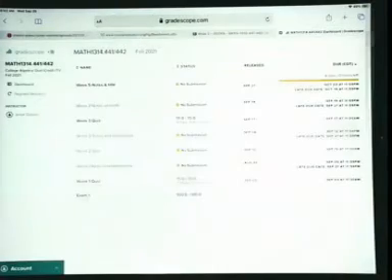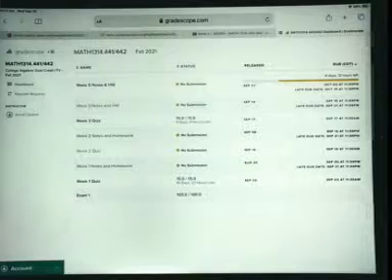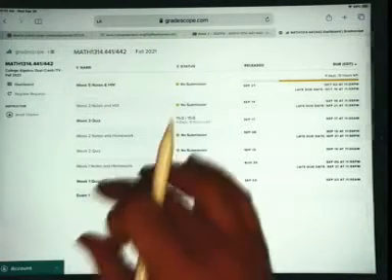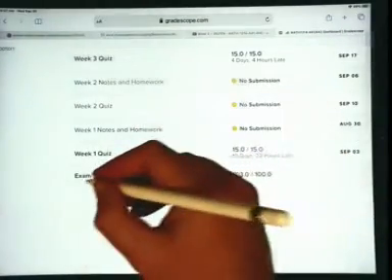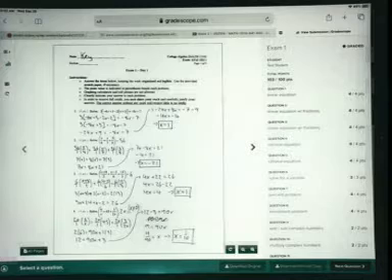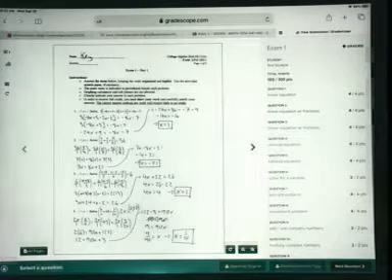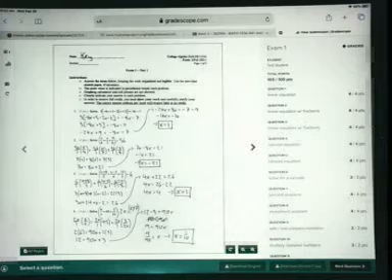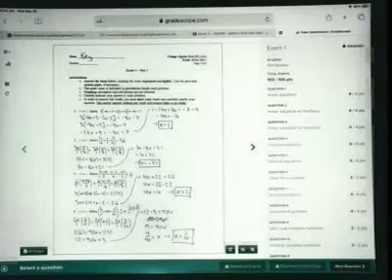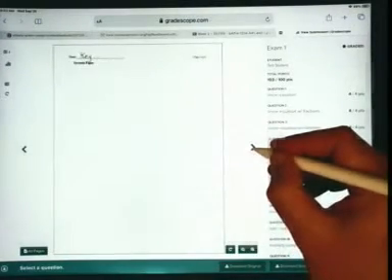It's going to take you into Gradescope, and this will show you all of your submissions, anything that's been graded, that sort of thing. So you can come down here to exam 1, and the first thing that you're going to see is a copy of what you did, your scanned exam. This is what I received from you. You can flip through the pages by clicking that arrow right there.